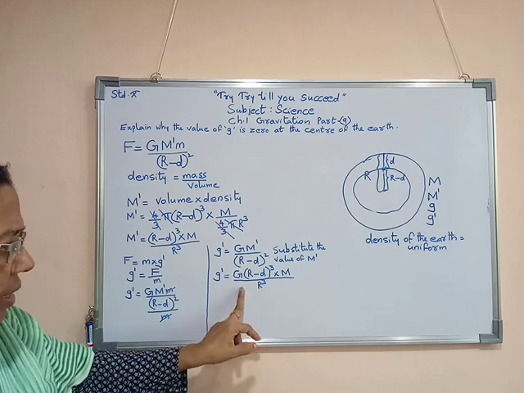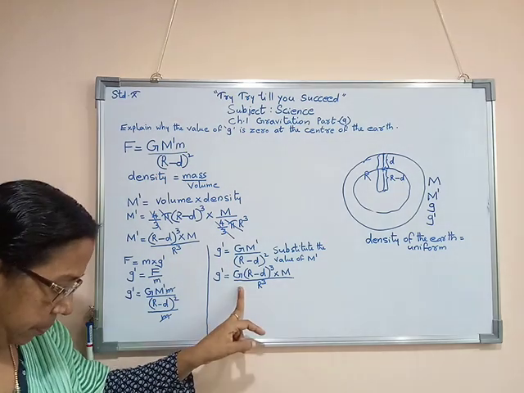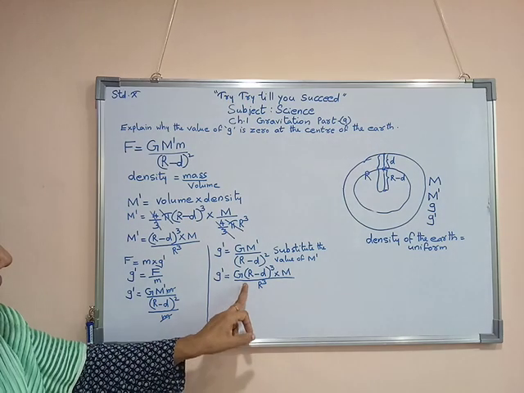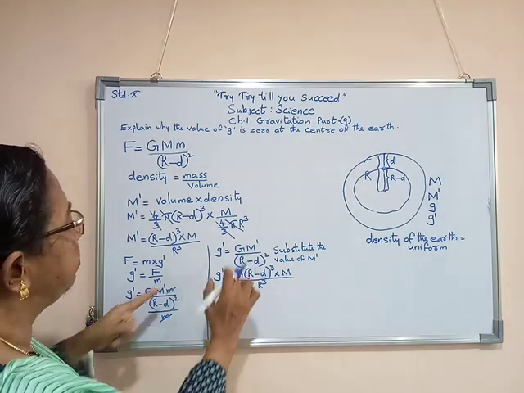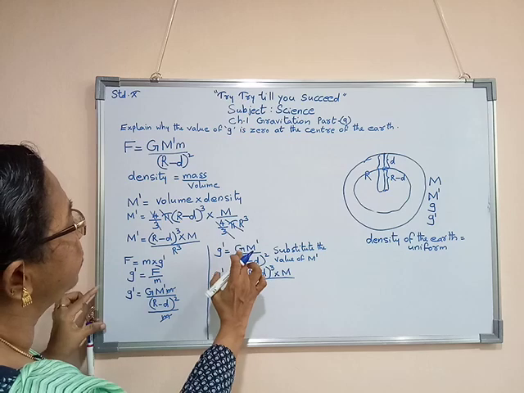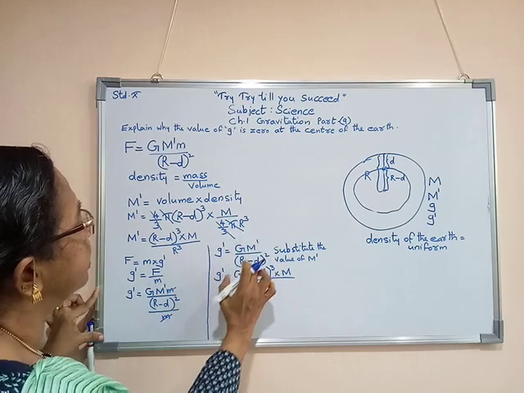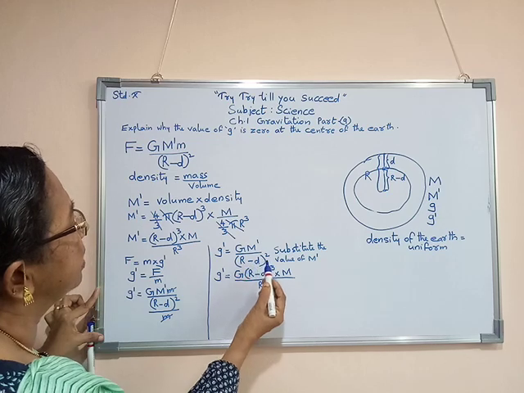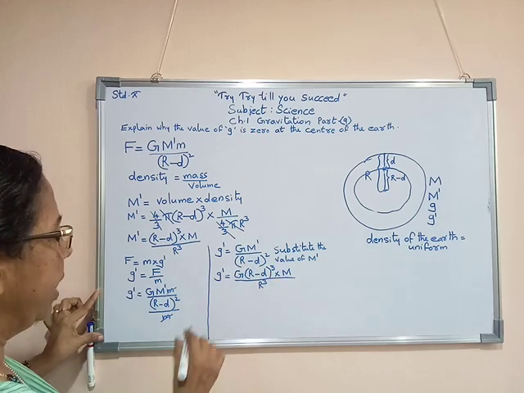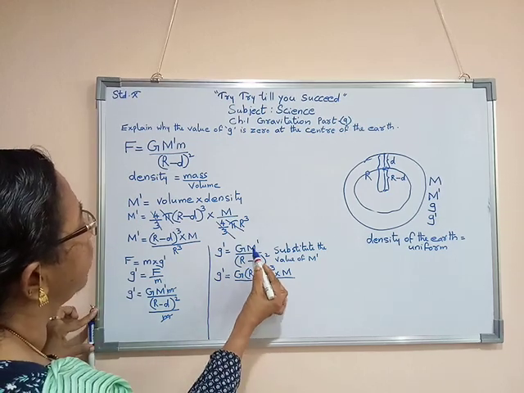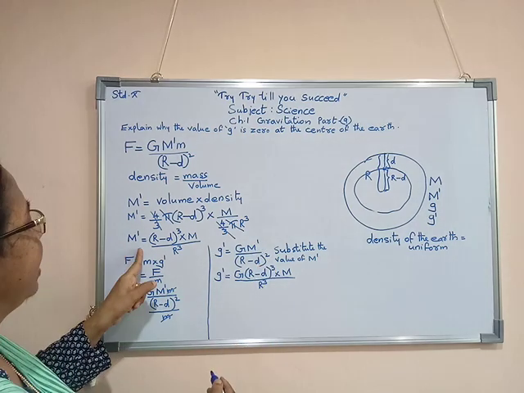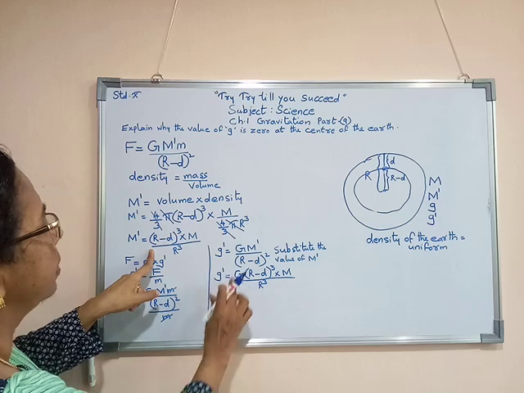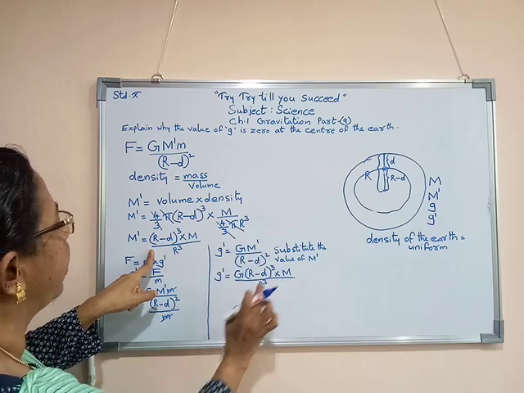Now we have got the formula. Here one more thing is there. See, G dash is equal to G M dash upon (capital R minus D) whole square. Afterwards substituting the value of M dash here. So G written, M's value I written.